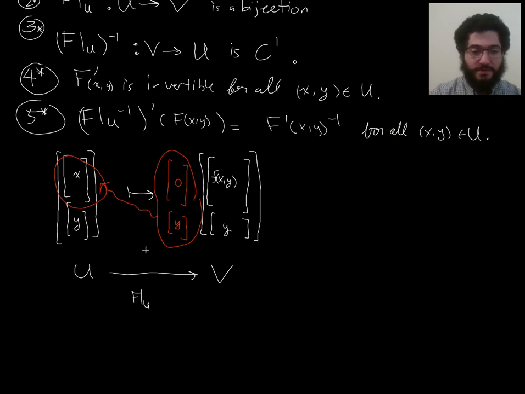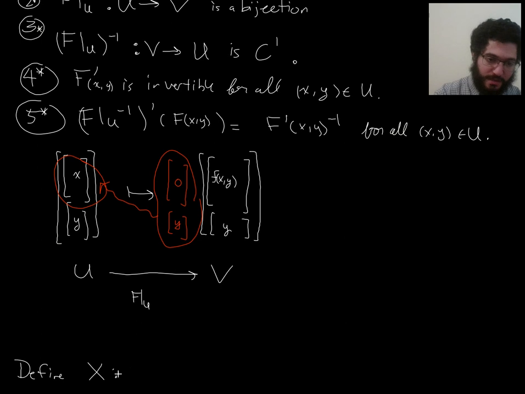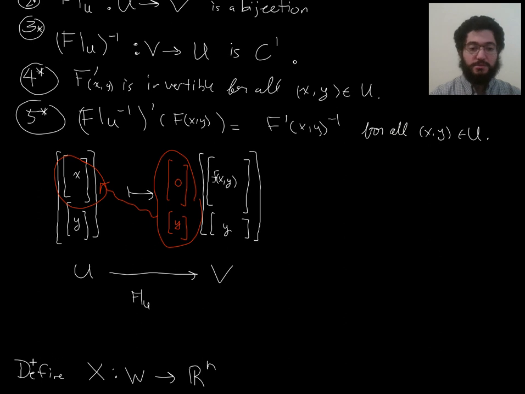Okay, so first, I'm about to say define x from w to r. So it's going to take y's and give you x's. So it's going to output x's. In a moment, I'm about to say define x like this by x of y equals, and then I'm going to basically do what I described here.